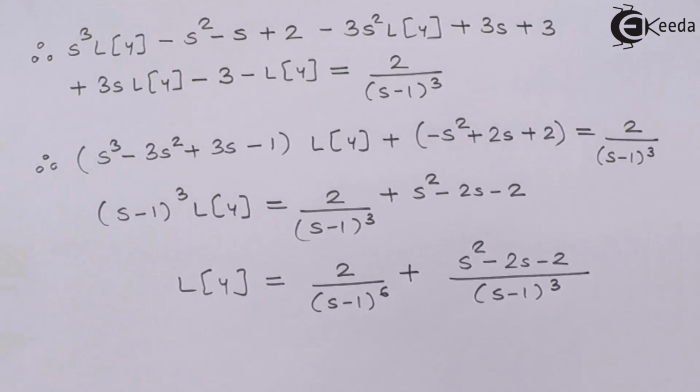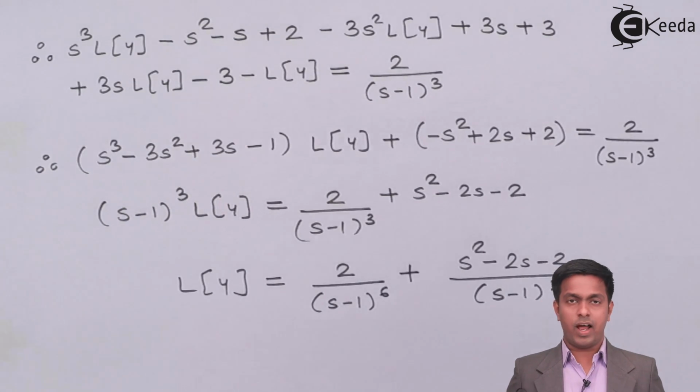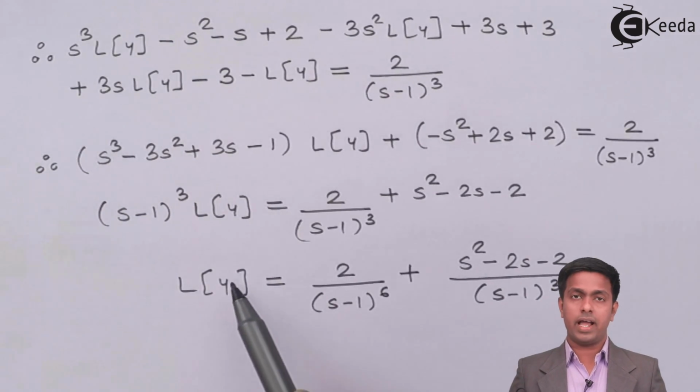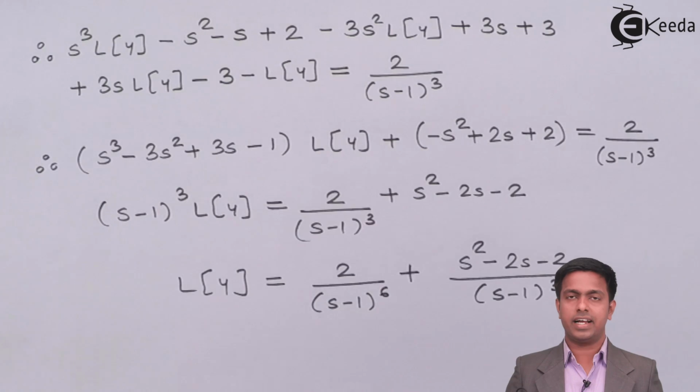And now guys, we have to find out the value of this y in terms of t, and for that I'll be sending this L to the RHS, so that will become Laplace inverse.